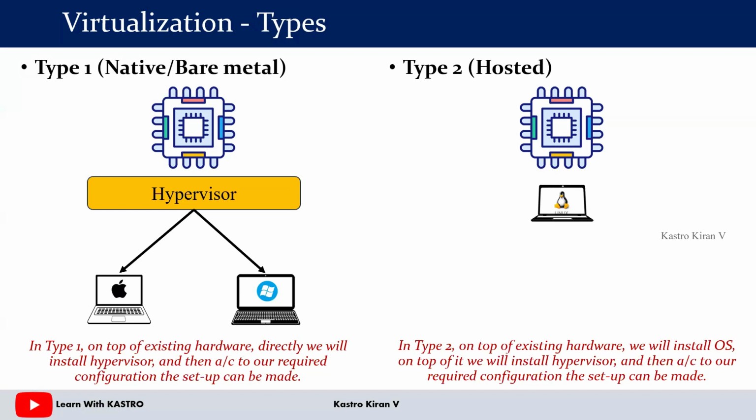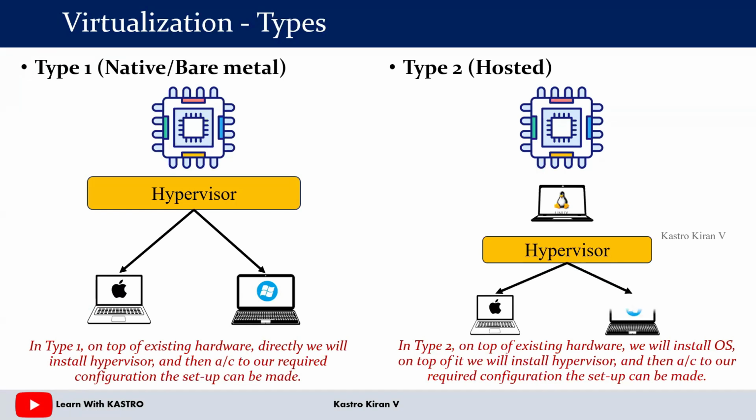Now, on top of the Linux-based operating system, I am going to install the hypervisor software. On top of the hypervisor software, I am going to host multiple types of operating systems according to my requirement.